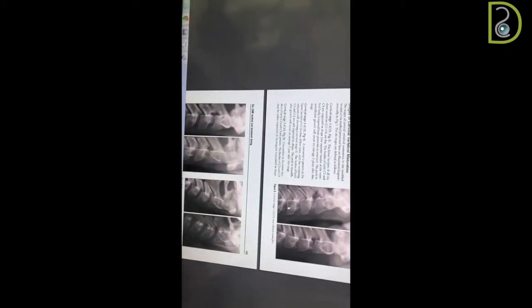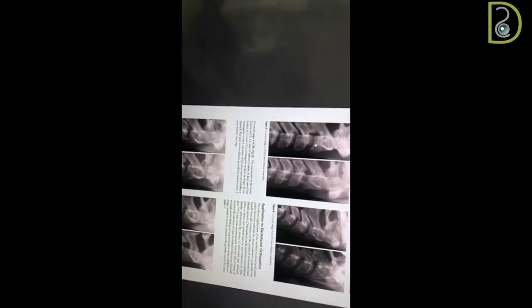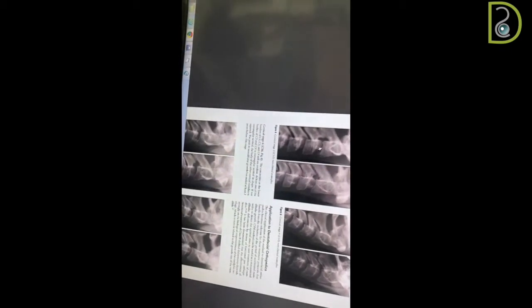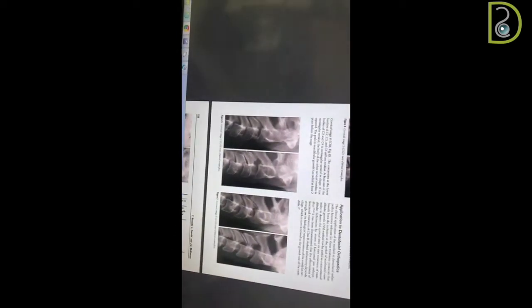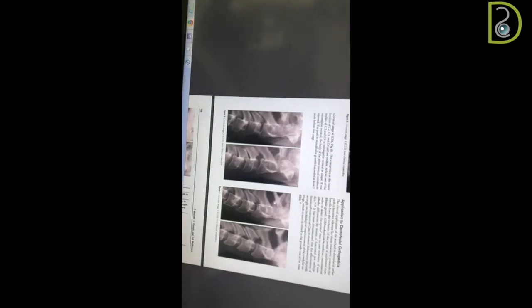And you can see some examples. This is stage 1, flat, flat, flat. This is stage 2. It's easy to remember because the second vertebra, when you have concavity, it's stage 2. This is stage 3, concavity in 2 and 3, but 4 is still flat.